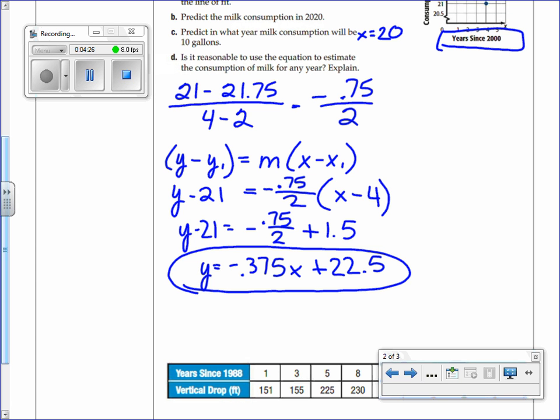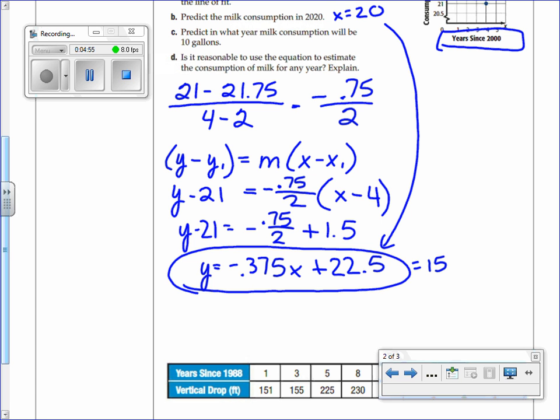I'm sorry, I'm on B there. On B, x equals 20. If I substitute 20 into this equation right here, my answer will end up being 15. Go ahead and check my math and make sure I'm doing the right thing.